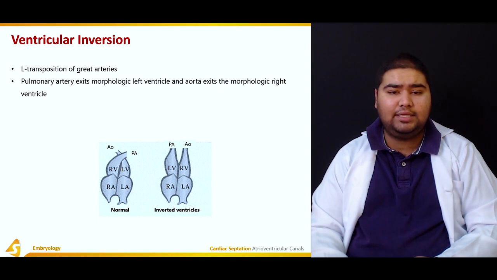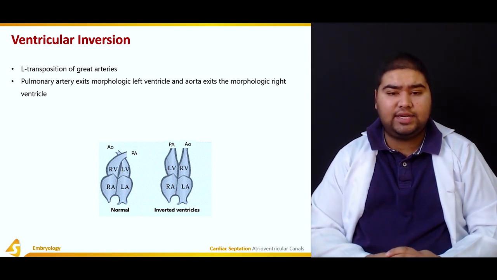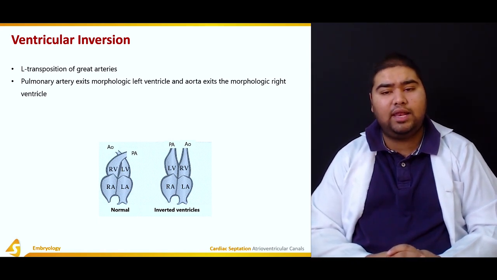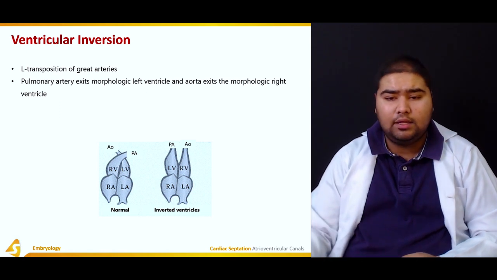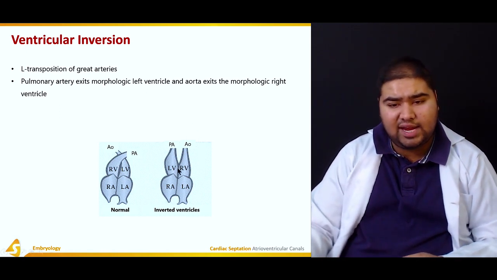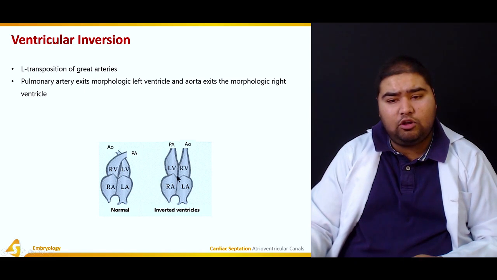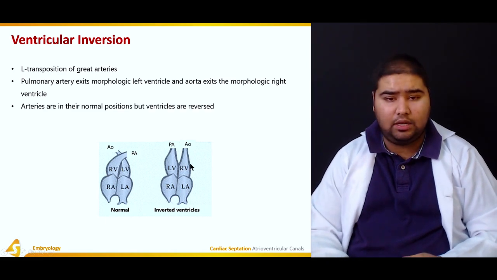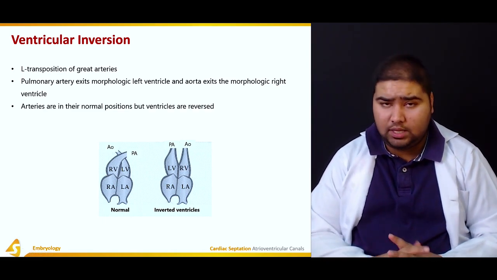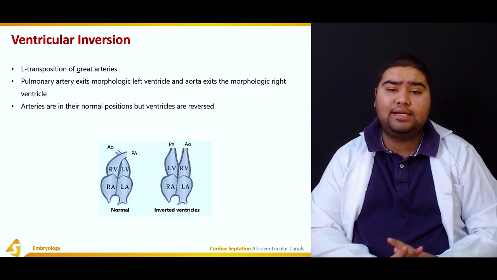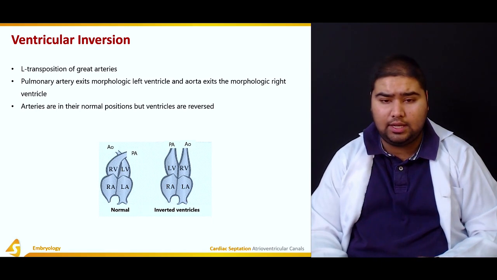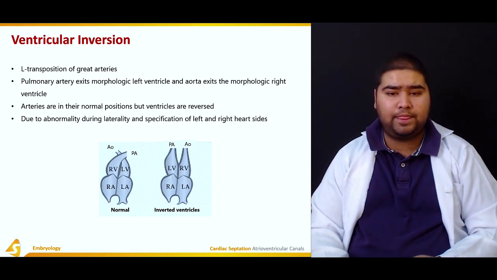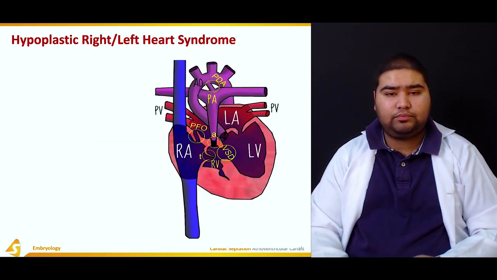Why is it called that? Because the pulmonary artery exits the morphological left ventricle and the aorta exits the morphological right ventricle. Here you can see the pulmonary artery exiting the morphological left ventricle. However, the aorta exits the morphological right ventricle. So the arteries are in their normal positions. However, the ventricles have inverted their positions, hence the name ventricular inversion.